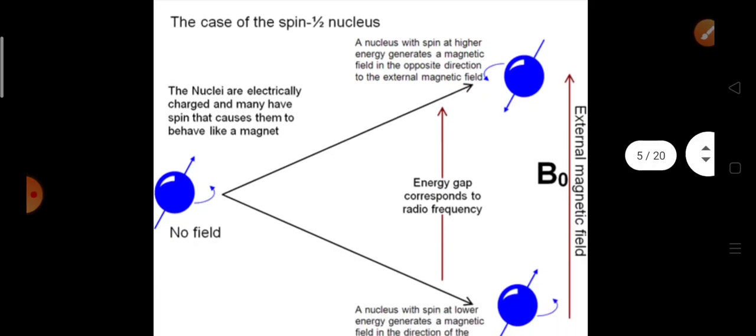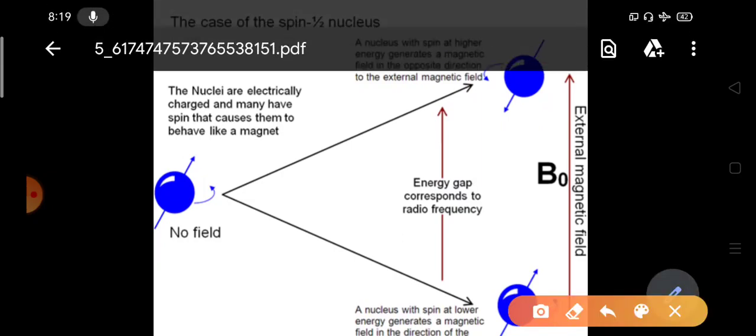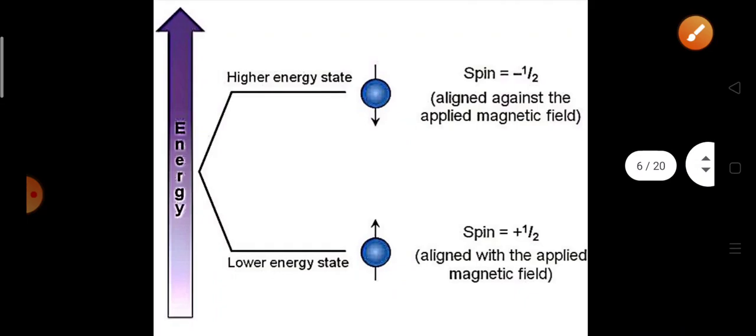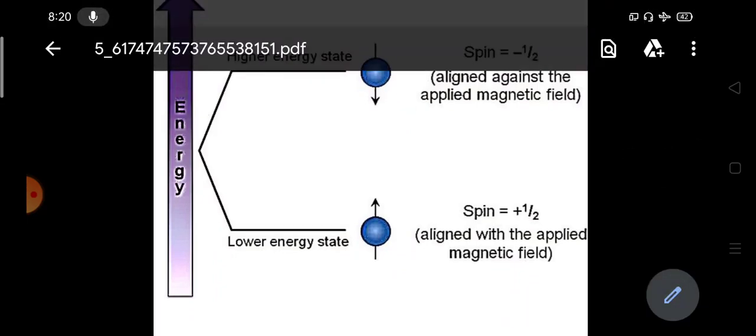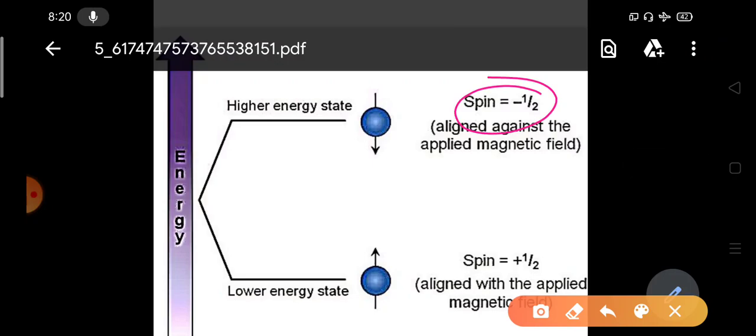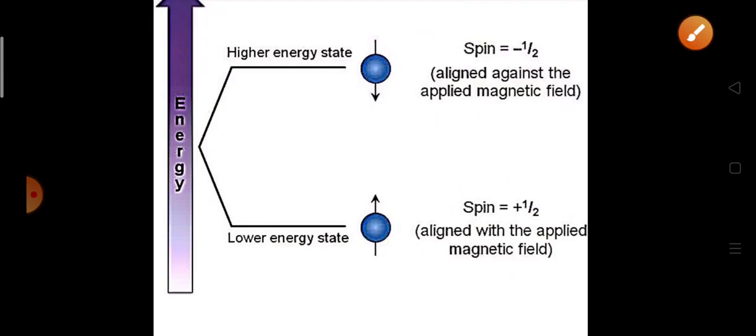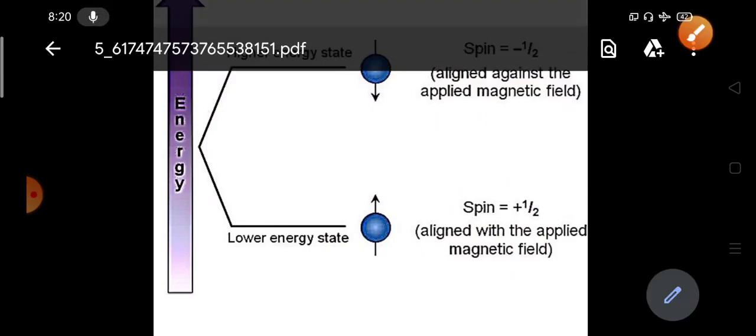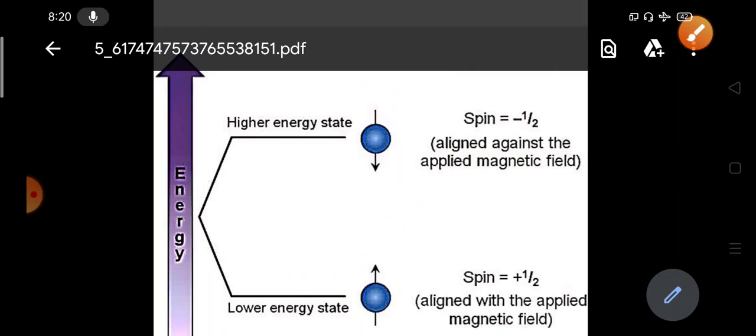Whenever you apply an external magnetic field, these energy states get split, and the plus half and minus half spins lead to different energy levels. The spin with negative half is aligned against the applied magnetic field, and the spin with positive half aligns with the applied magnetic field. This kind of splitting in the presence of the external magnetic field is called NMR.